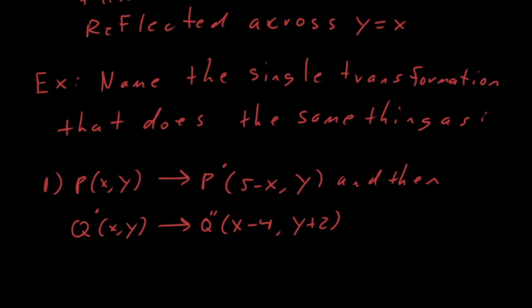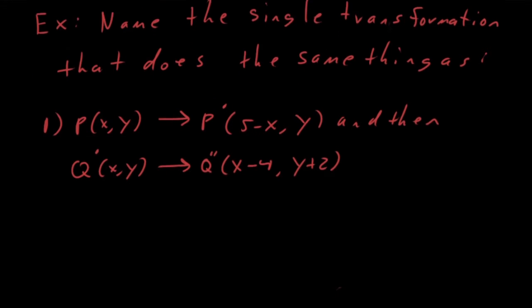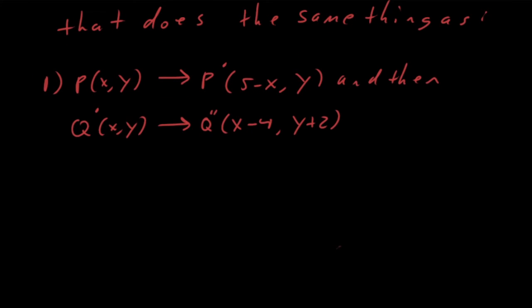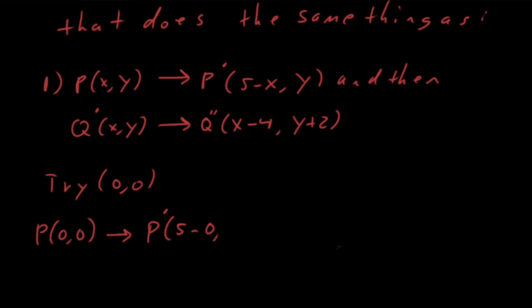Okay, so I would suggest plugging in a bunch of points and seeing what's going on. So let's try the point 0, 0. P 0, 0, after we do this transformation, is going to be 5 minus 0 and 0, right?